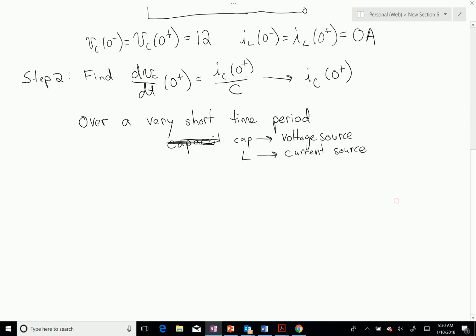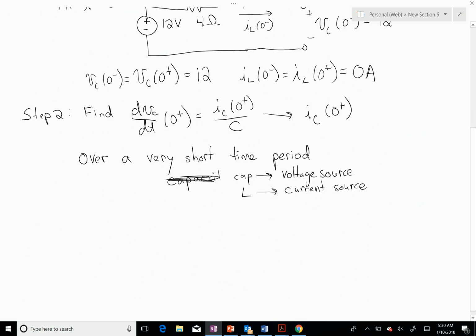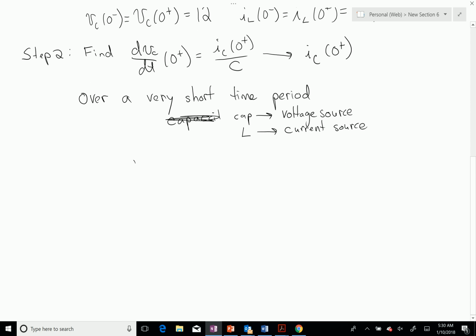And so the way I do that is, if I go back, here was the original circuit. I'm going to redraw that circuit now.